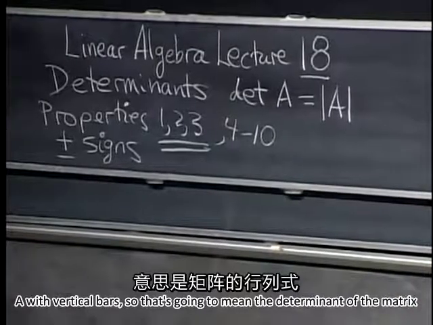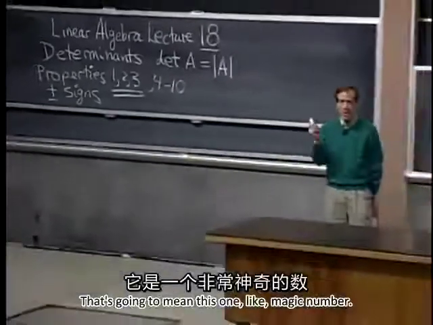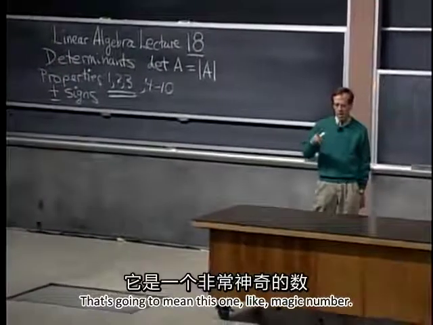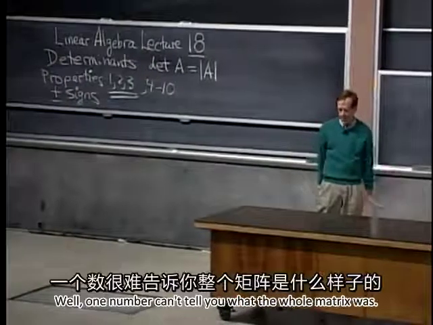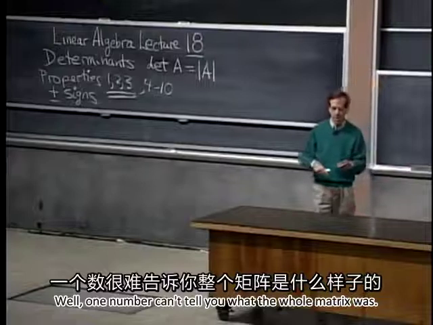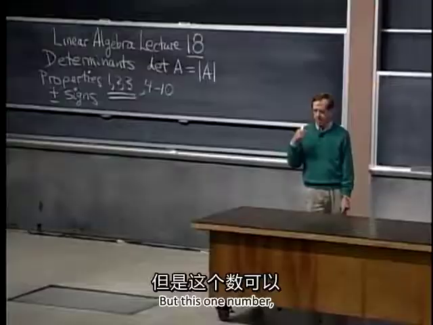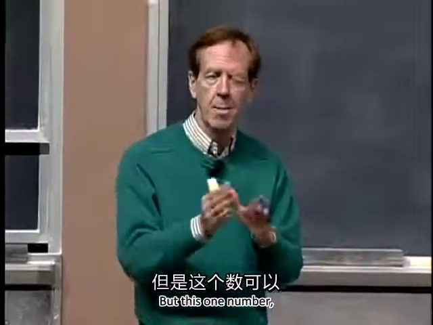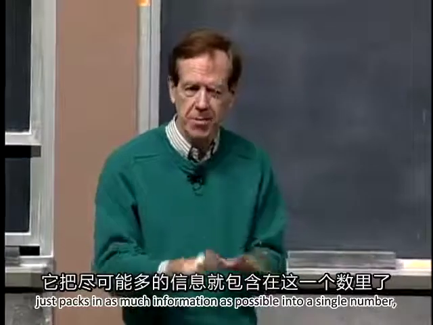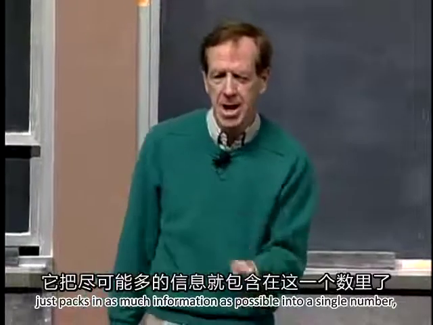That's going to mean the determinant of the matrix, this one magic number. Well, one number can't tell you what the whole matrix was, but this one number packs in as much information as possible into a single number.